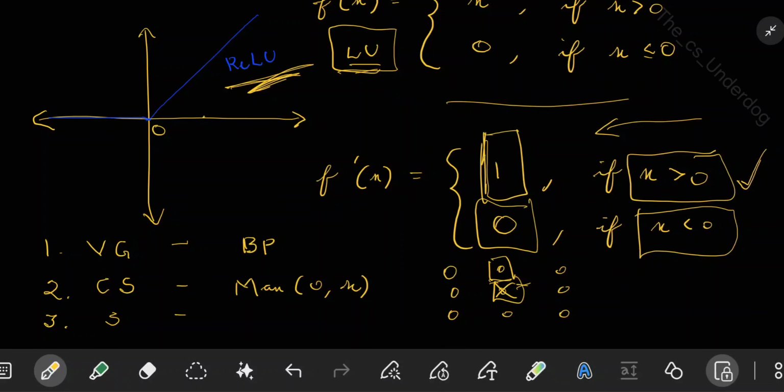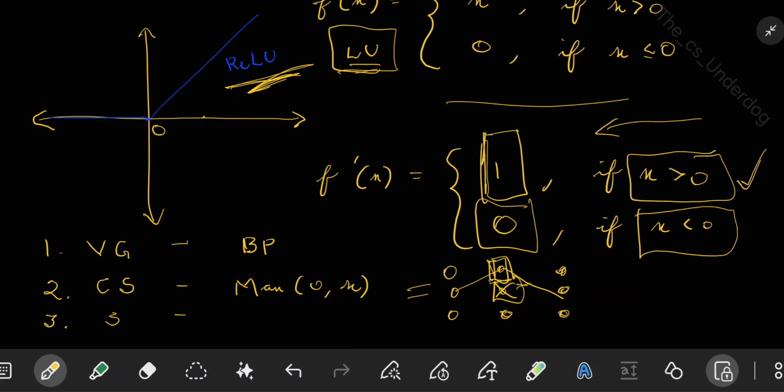Another way of looking at this is you are actually deactivating some of the neurons in your neural network, and effectively you are somehow preventing overfitting, because for different outputs in different iterations when you do this, some of the neurons may get activated, and for another output a different set of neurons may get activated. Because of this, you will avoid the overfitting problem in your neural network. So this is the positive side of sparsity. In the coming lectures, when we reach there, we'll see what is the negative side of this.